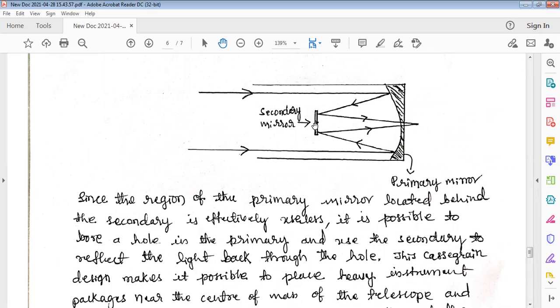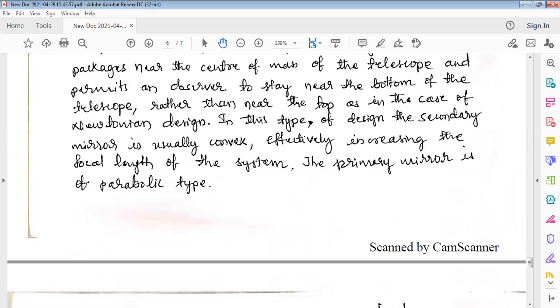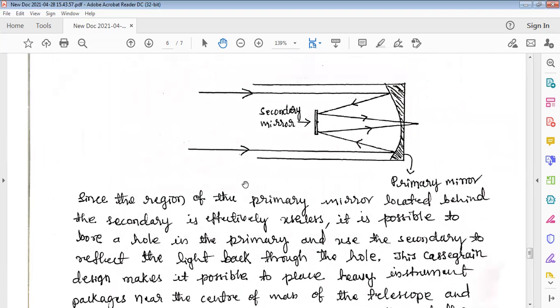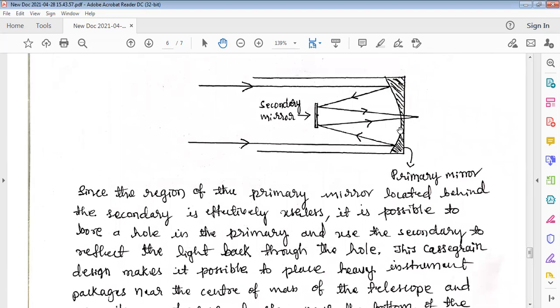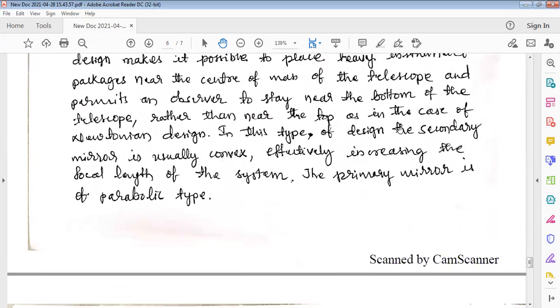After the light rays fall on the secondary convex mirror, they go in this direction. Just make note of that. The primary mirror is a parabolic type. So this is the Cassegrain construction.